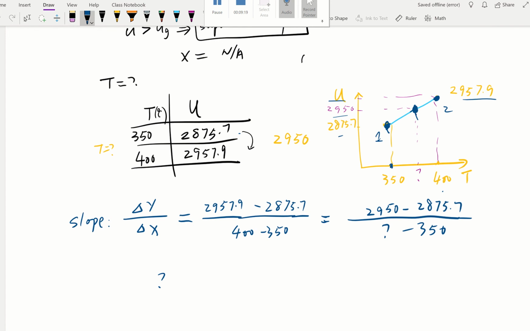Or you can use the same thing with point 2, and I'll demonstrate that. For that situation, you can go ahead and say, okay, we're going to use 2957.9. That's our U, minus 2950. That's going to be the difference between those 2 points, right?